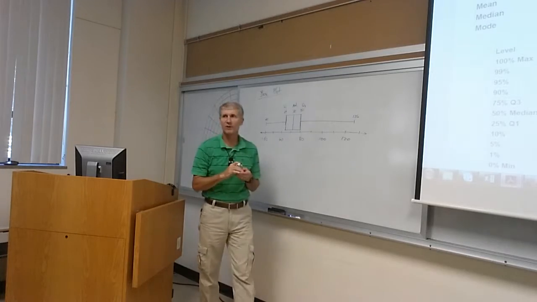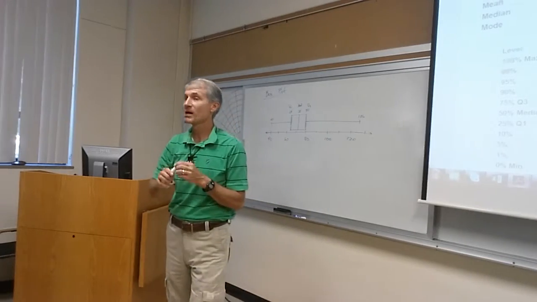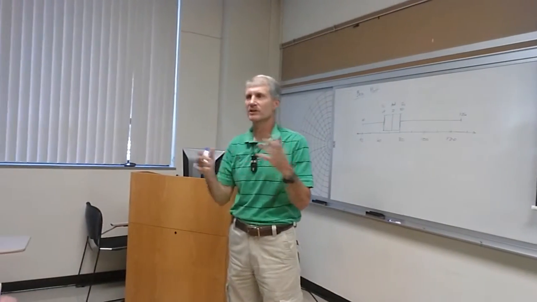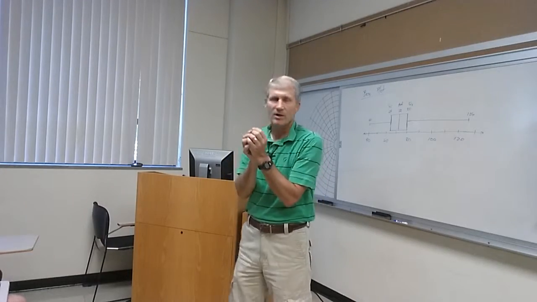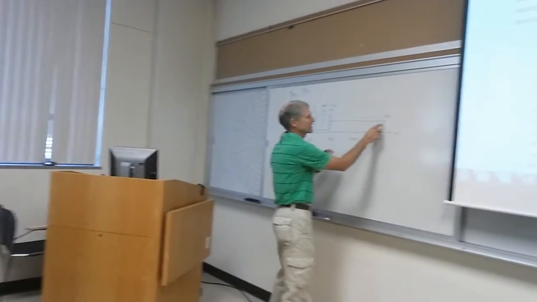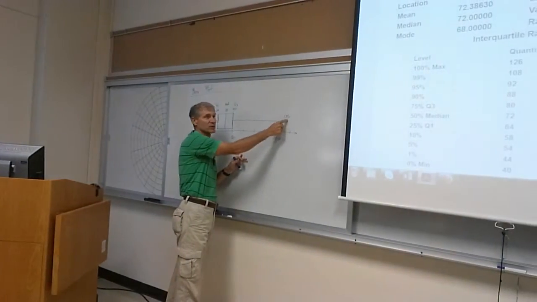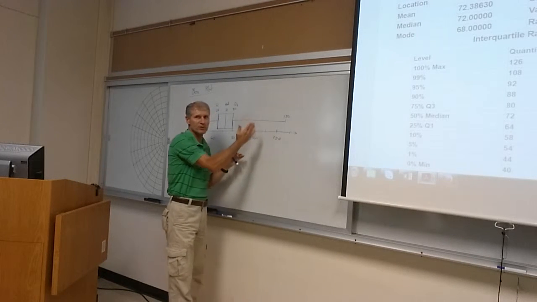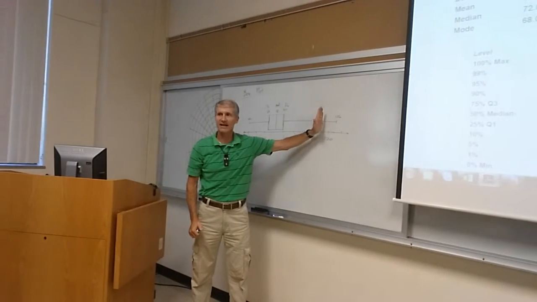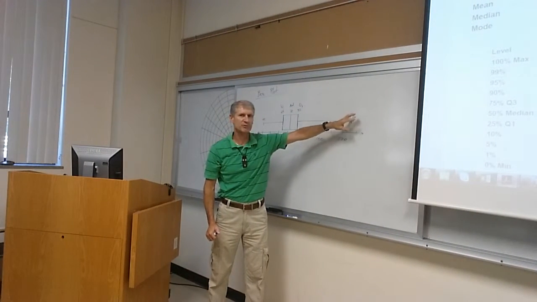Now, a lot of software will produce what's called a modified box and whisker plot. Our book doesn't talk about it, but what it does, the software will identify outliers, and this 126 would definitely be an outlier, and it stops the whisker at the last non-outlier, and then marks the outliers with some special character.